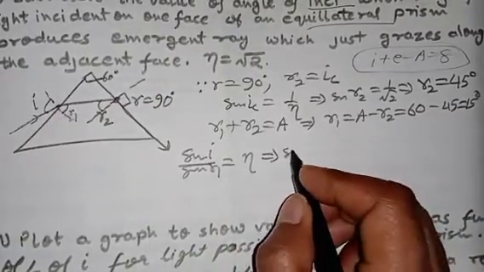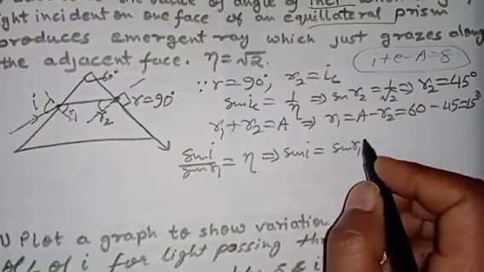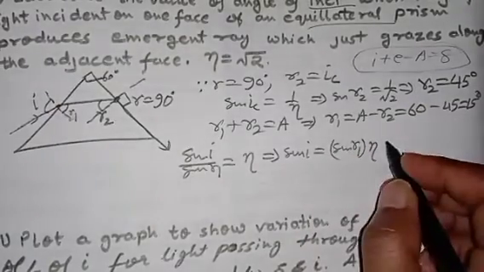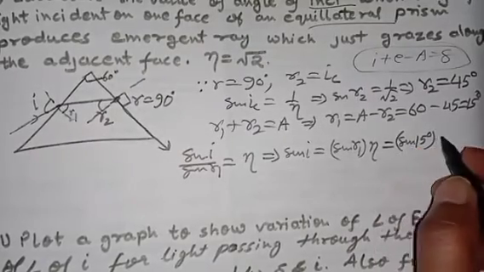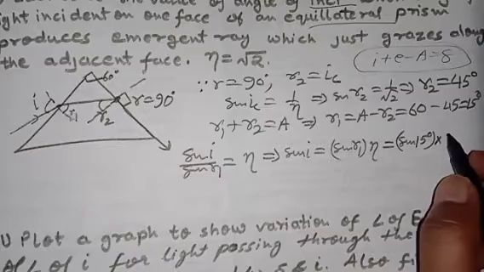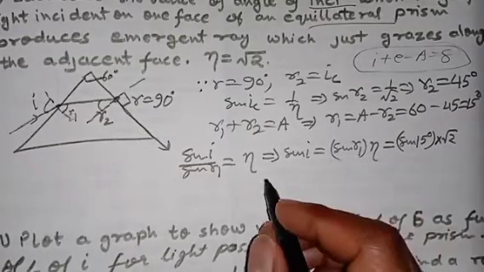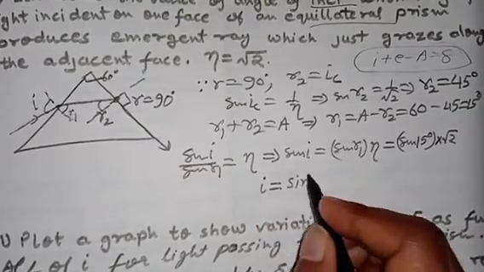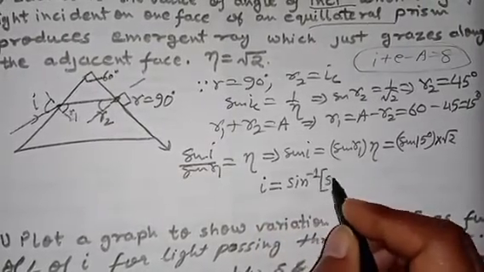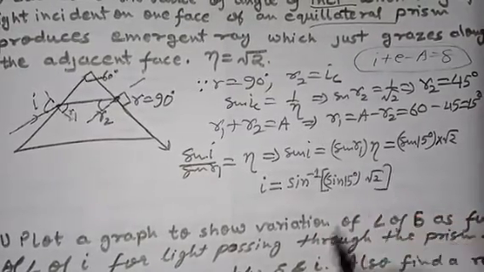Sine I we have to find, so sine I is eta into sine R1. If the value of sine 15 is given in the exam, then only we can further solve it. Otherwise we have to leave the answer as it is. But they have asked for the angle of incidence, so the method is to write sine inverse and this entire term. That's all.